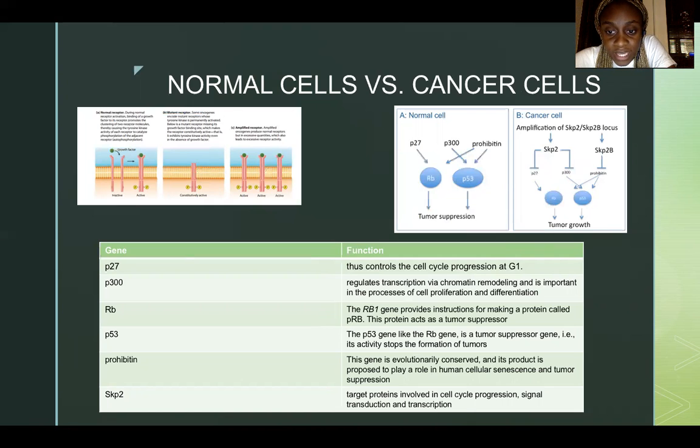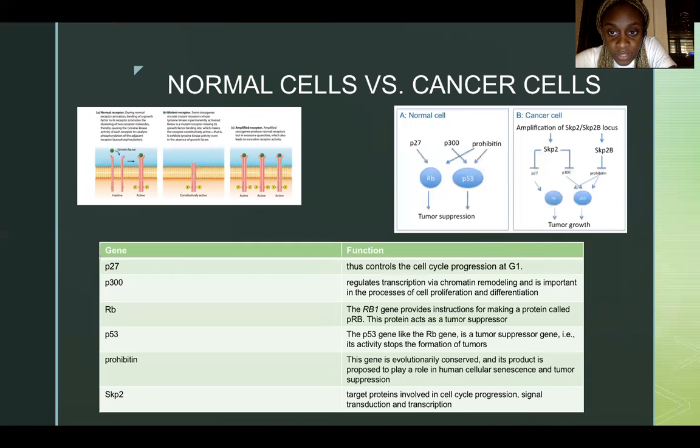So you can see that P27 interacts with RB, and P27 is used in cell cycle progression. RB provides instructions for making a protein called the tumor suppressor. So basically, P27 helps with tumor suppression.